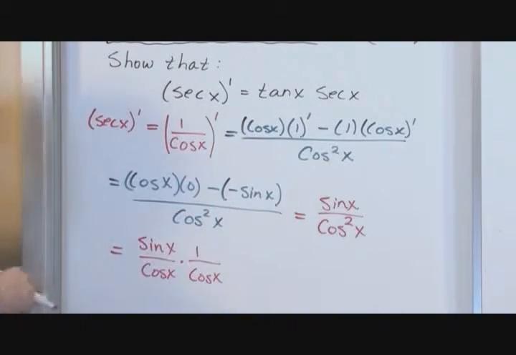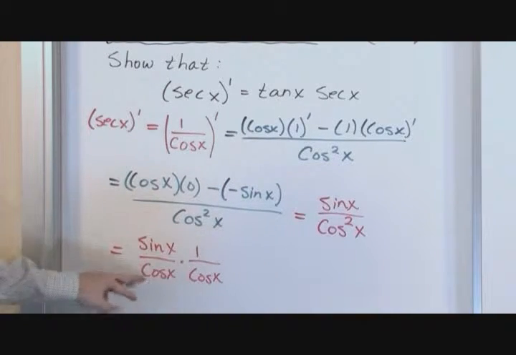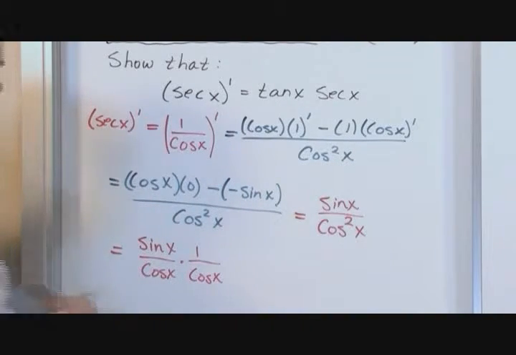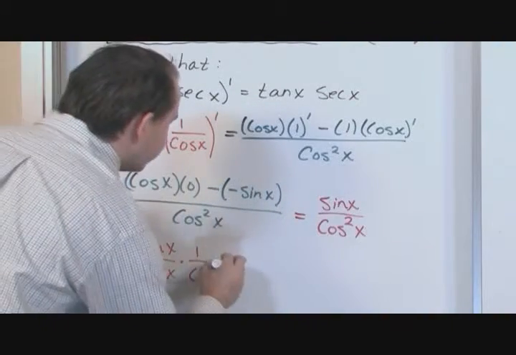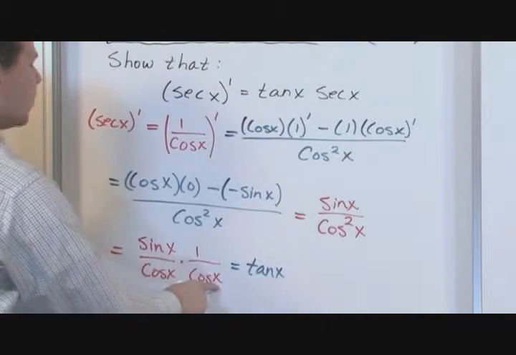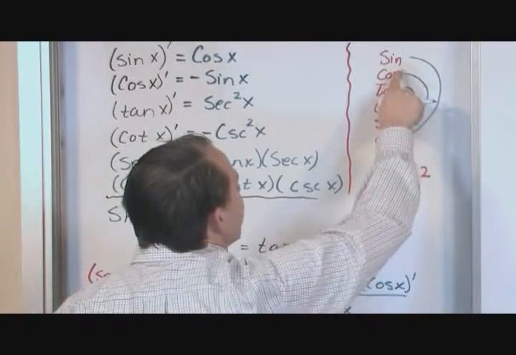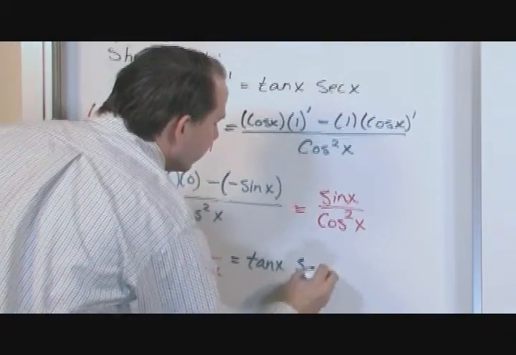Would you agree that this is the same thing? These are multiplied together, so you have sine on the top, cosine squared on the bottom. But everybody knows sine over cosine is simply tangent of x. And then if you look back to your trig rainbow, 1 over cosine is the secant function. So this can be written as secant of x.